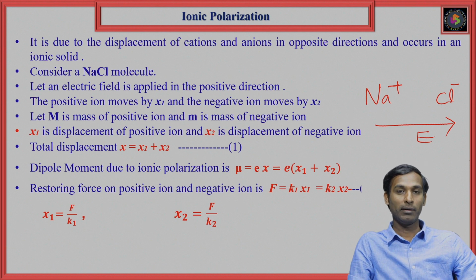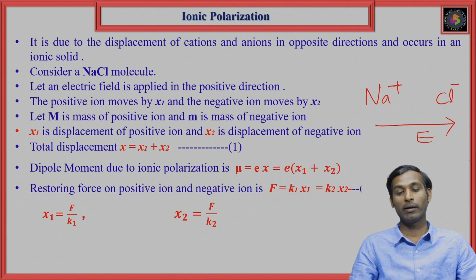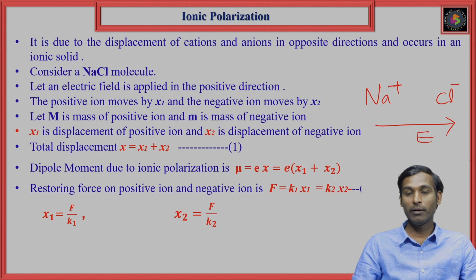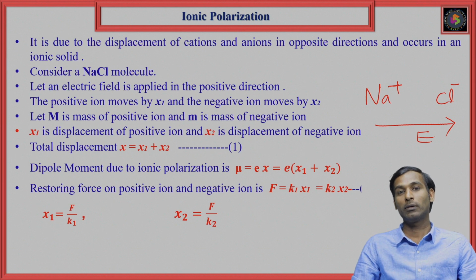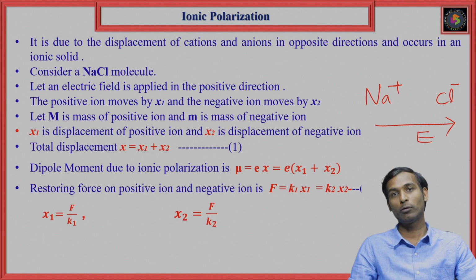In that manner, x1 is the displacement of the positive ion and x2 is the displacement of the negative ion. According to simple harmonic motion, the amplitude of the system is directly proportional to the displacement of the particle, that is y equal to kx.